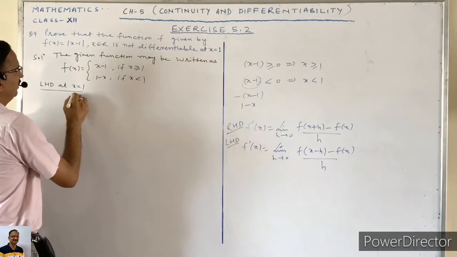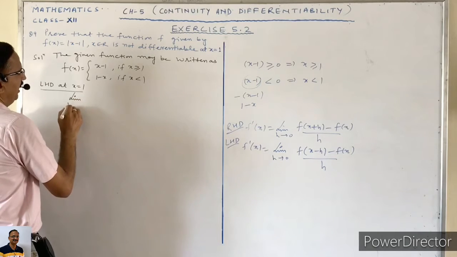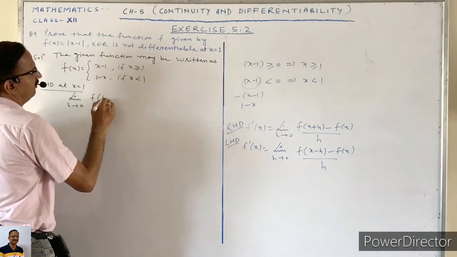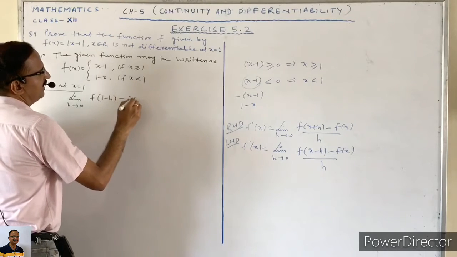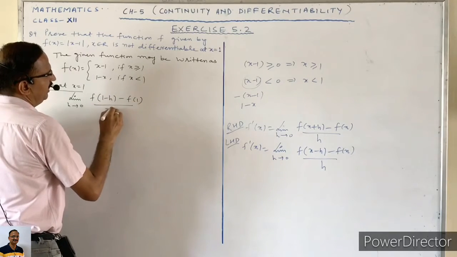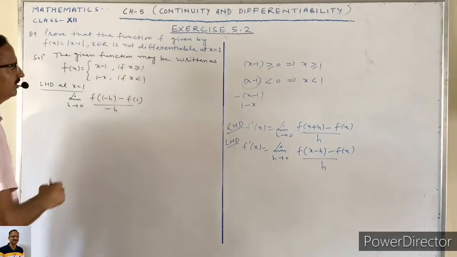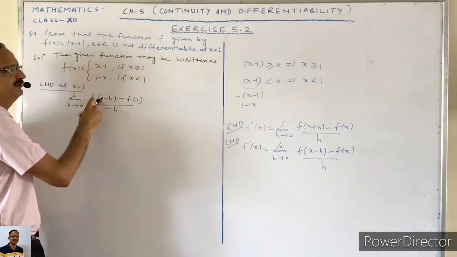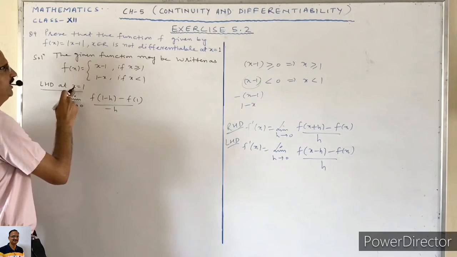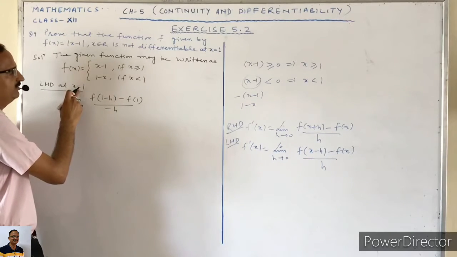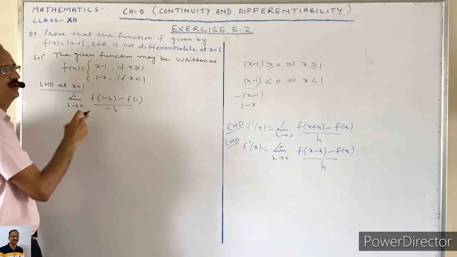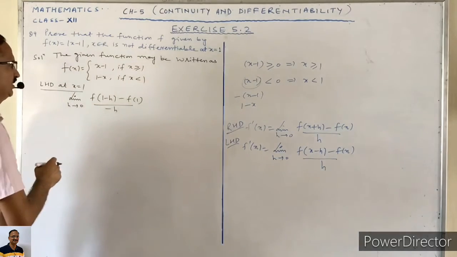So we will write limit h tends to 0, f(1 minus h) minus f(1) by minus h, because here we have 1 in place of x because the point is 1. That's why we are writing 1 minus h in place of x minus h.